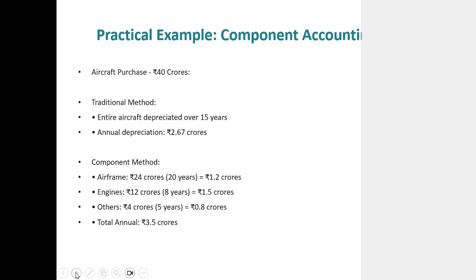So total annual depreciation is 3.5 crores, whereas under the traditional method it was just 2.67 crores, taking the aircraft as a whole. But in IND AS 16 under the component method, made mandatory by MCA in 2025, the depreciation amount is 3.5 crores. So you can see there is a major impact, an impact of around 90 lakhs.